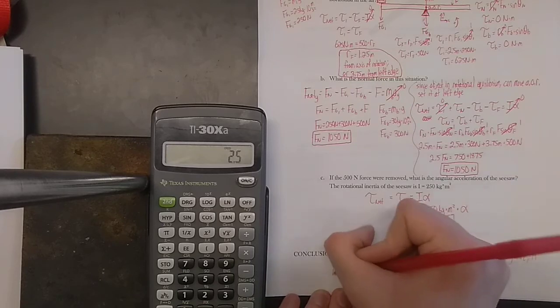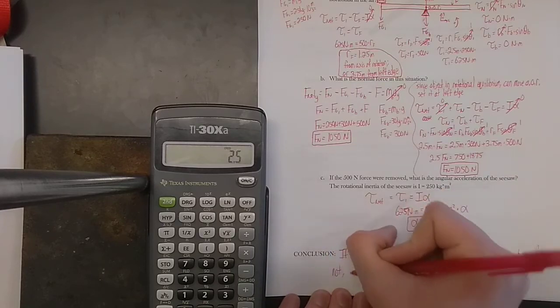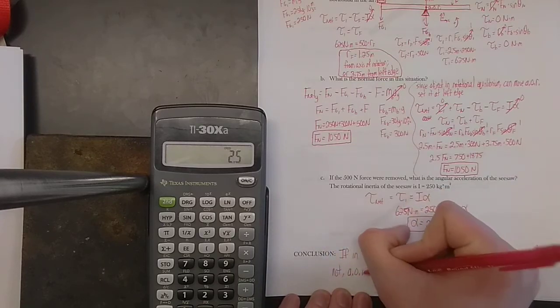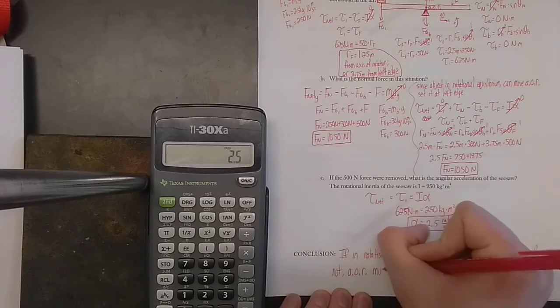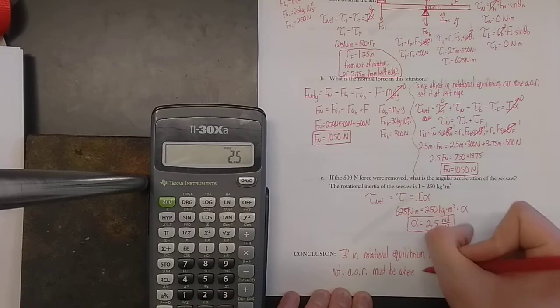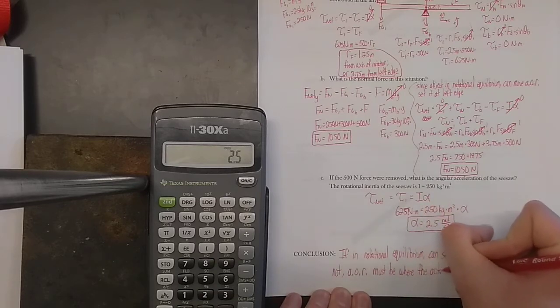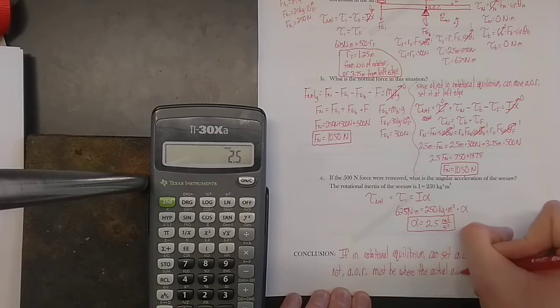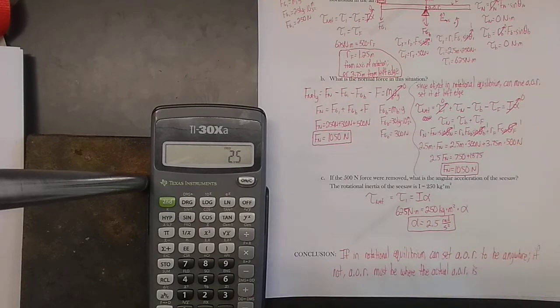If you're not in rotational equilibrium, then the axis of rotation must be where the actual axis of rotation is, must be where it's actually rotating about.